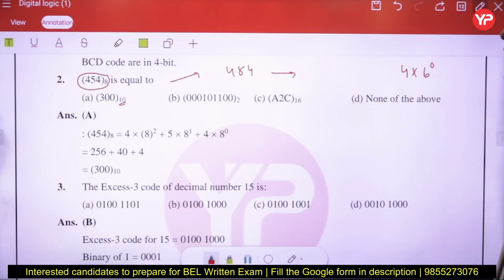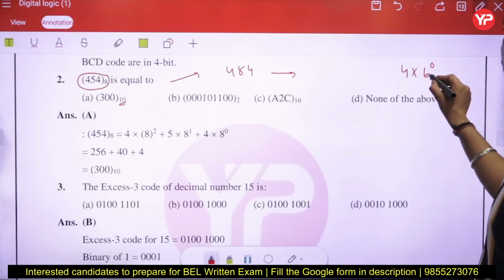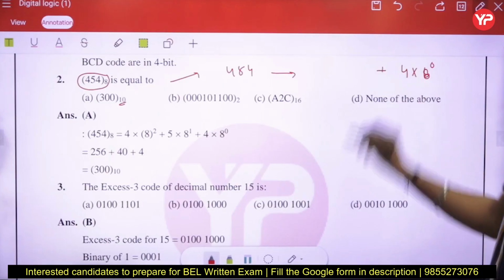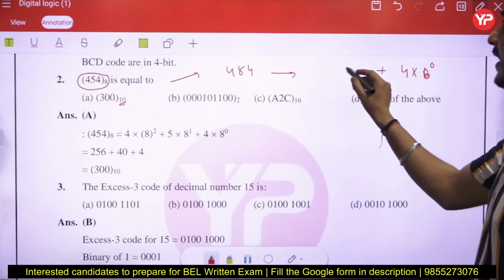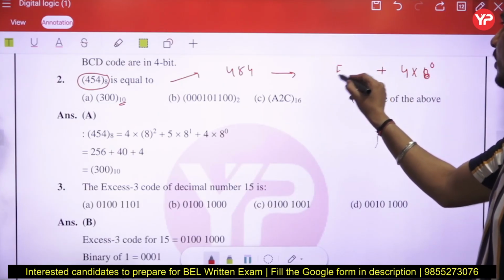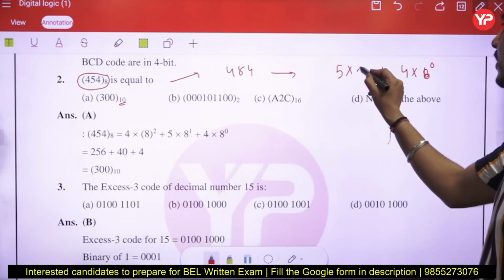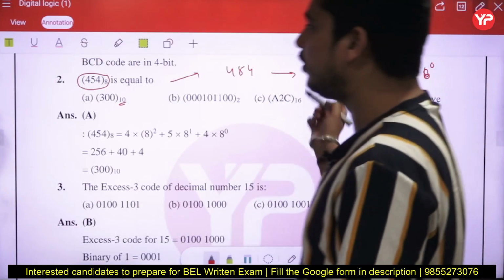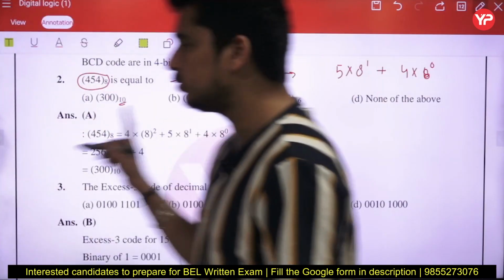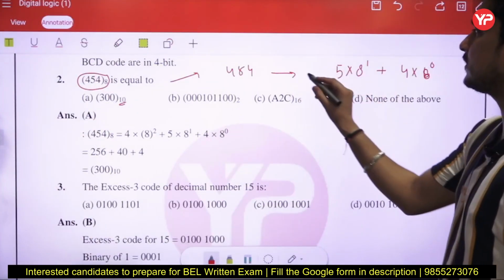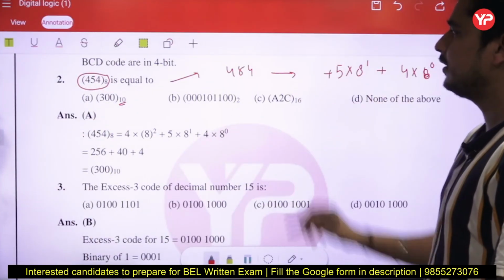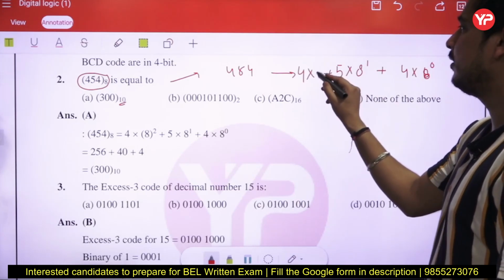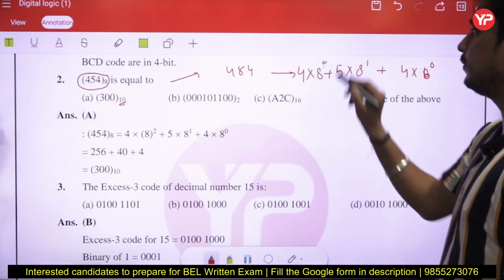So here the base is 8, so I am putting 8 to the power 0. Then plus your next bit, that is 5, should be multiplied by base to the power 1, right? Whenever you are converting from any base to decimal, you have to follow this step. Plus the next bit, that is the MSB here, 4, should be multiplied by base to the power of 2, right?